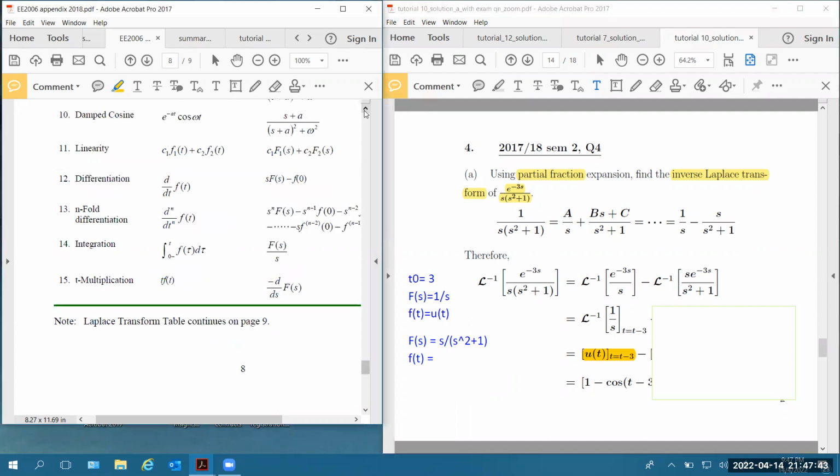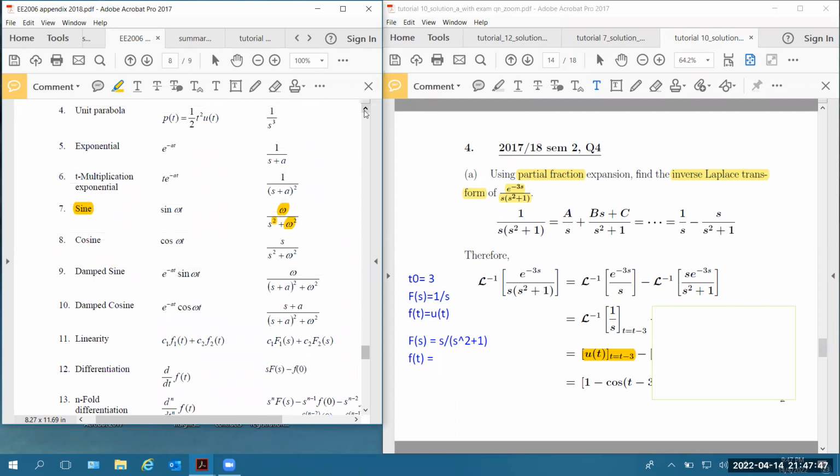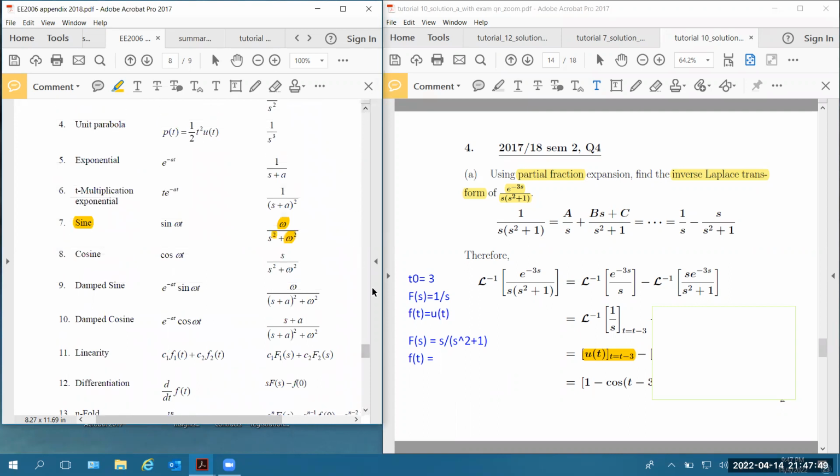If we go up to see, s over s squared plus 1, can you see s over s squared plus 1? Cosine. Yes, actually it's the cosine. They see here, s over s squared plus 1.